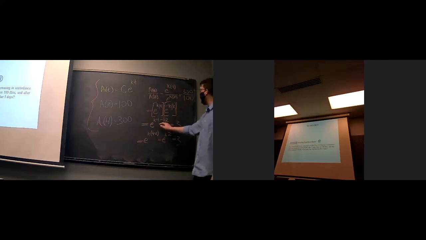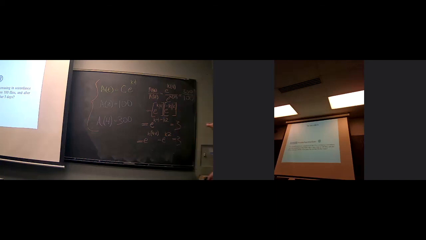Because I can do that, I can factor out this shared k in the exponent, and this 4 minus 2 will simplify to just 2. So going back to what we were told, since this is all equal to 300 over 100, that reduces to 3.